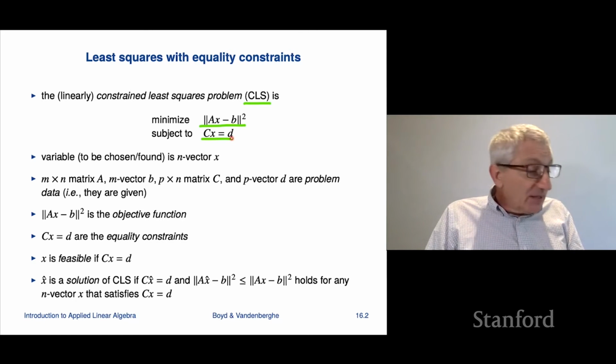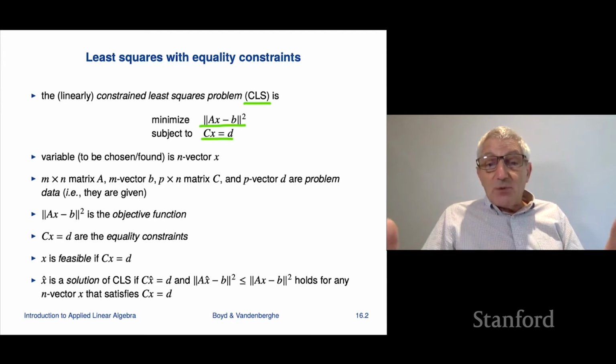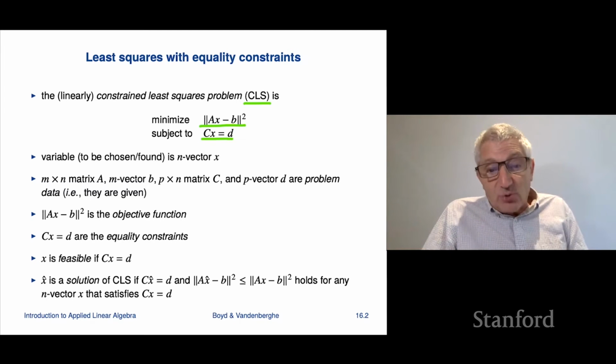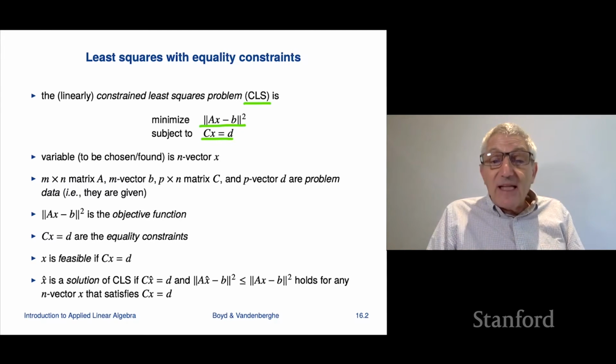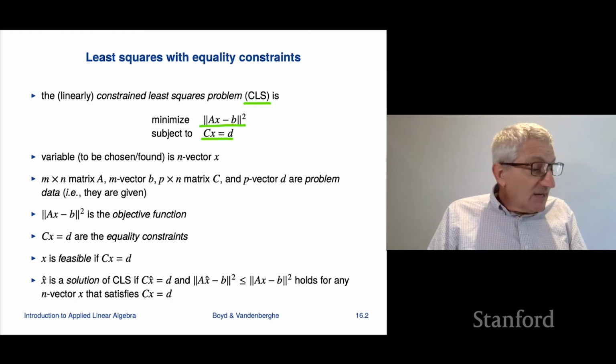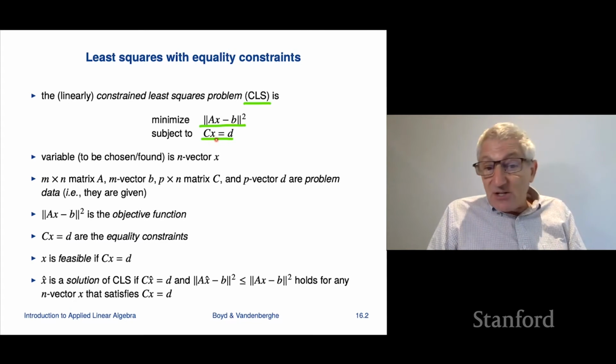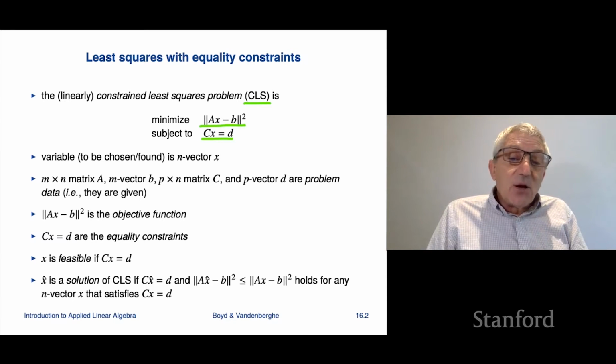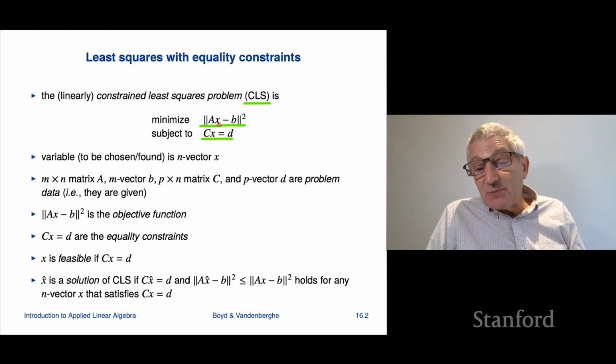Now, the variable here, the thing that we want to find or solve for or compute, is this n-vector x. The semantics of the constraint is this: we would like the norm of Ax minus b squared to be small. The smaller it is, the happier we are.